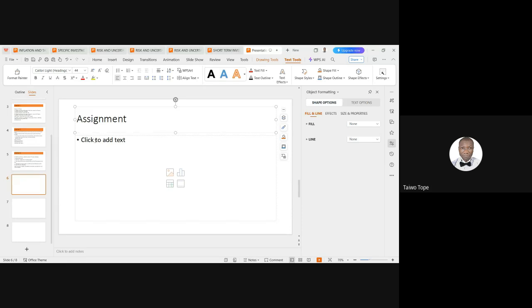Assignment. It might require you to do research again. Evaluate 5 factors.